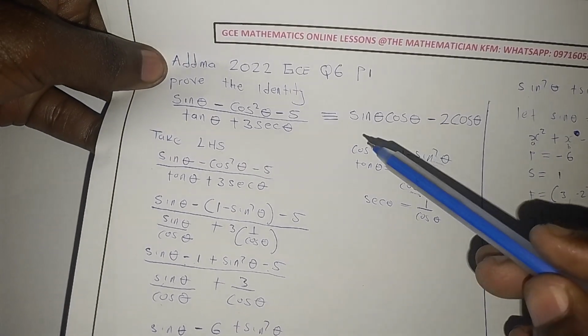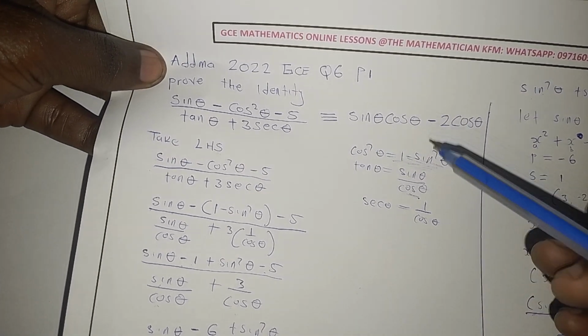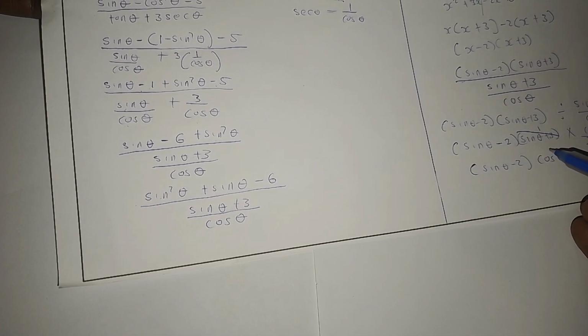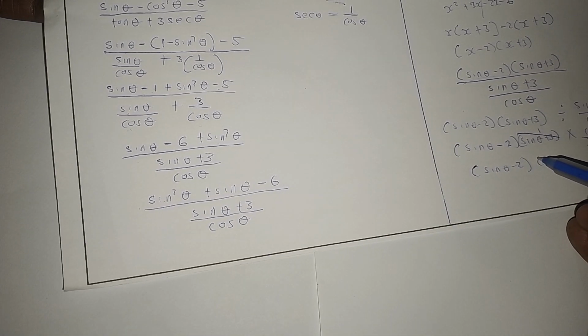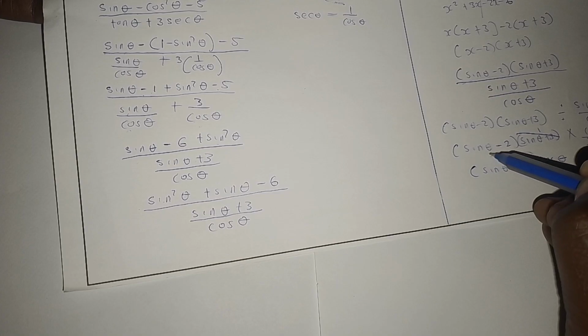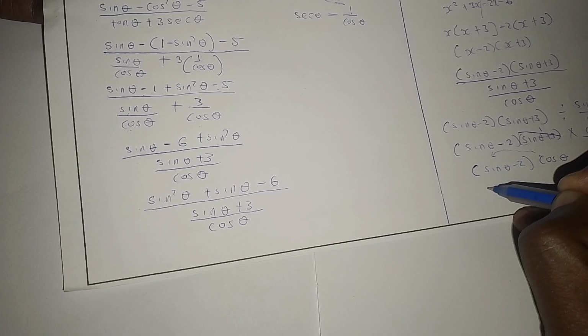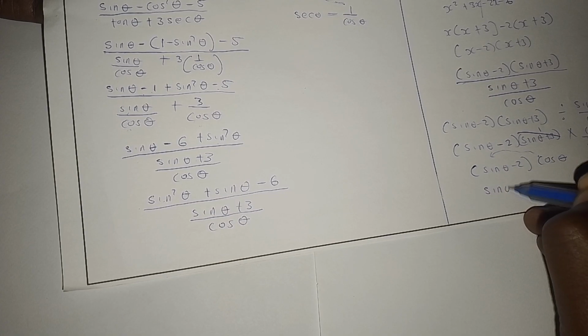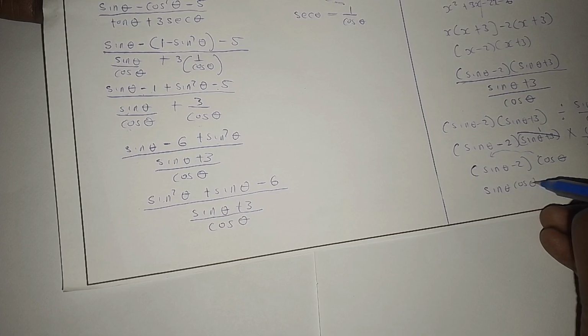From here, our objective is to prove that it is equivalent to sine theta cos theta minus 2 cos theta. So we are going to distribute this cos. Cos times sine, what are we going to get? We are going to get sine theta cos theta.